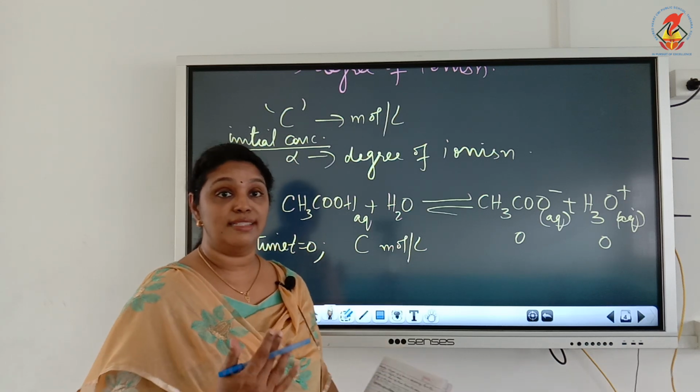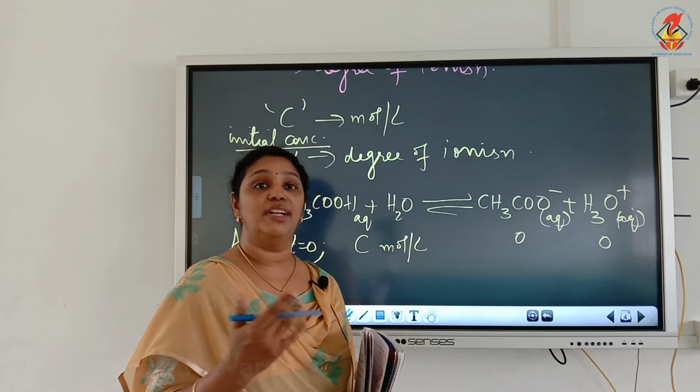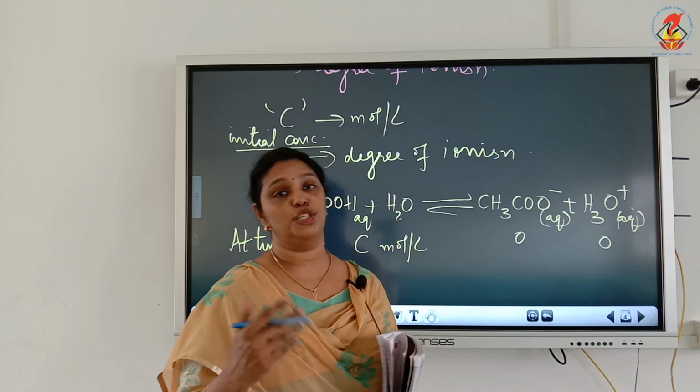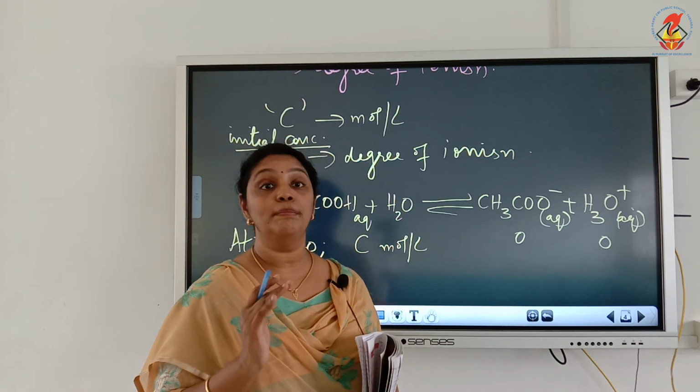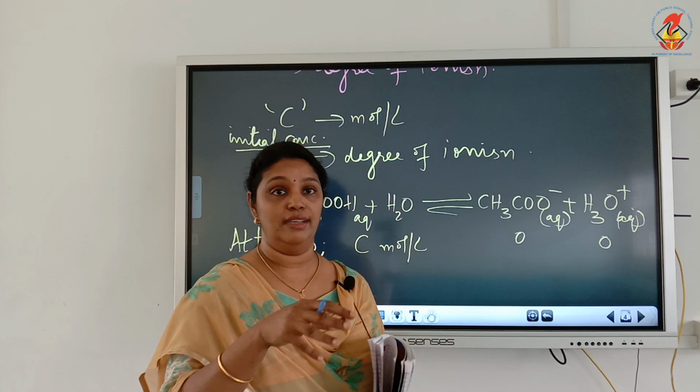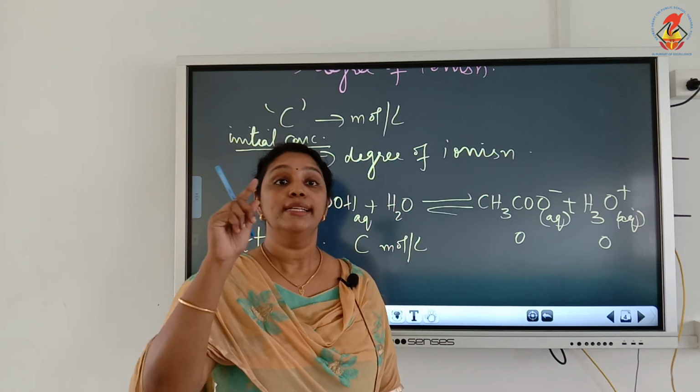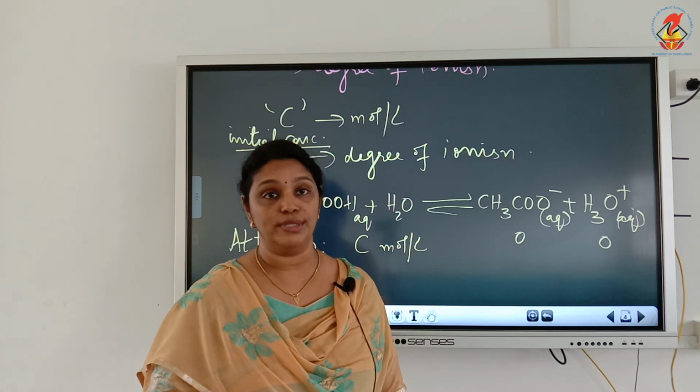Now what happens as the reaction proceeds? Acetic acid will dissociate into acetate ion and H plus ion. It's not complete dissociation. So from C, which was the initial concentration, C alpha got dissociated.